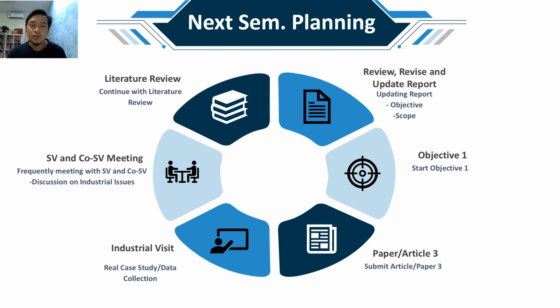And then the supervisor and co-supervisor meetings: I will continue to meet my main supervisor and my co-supervisor frequently to update them on how my research is going and ask for their advice.